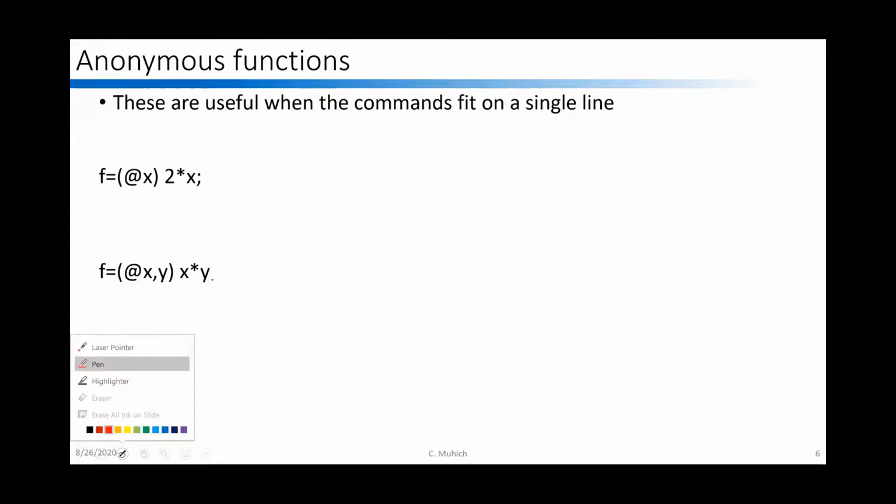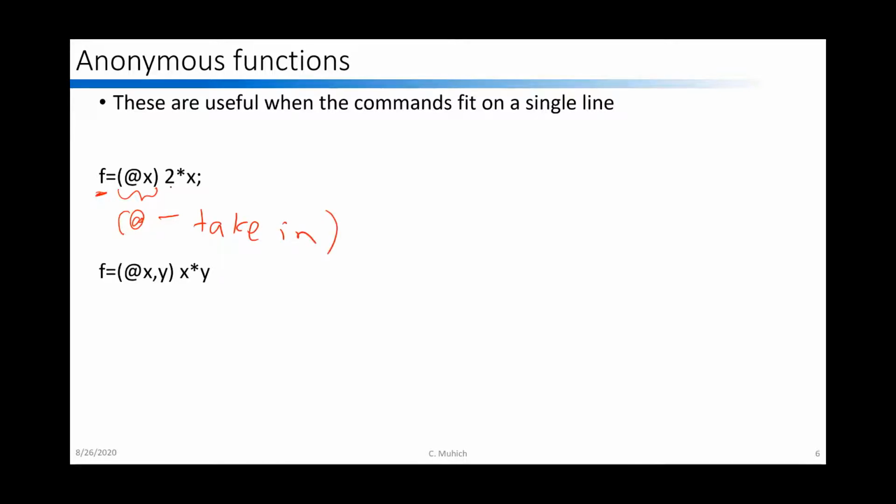I could write an anonymous function f that's going to take in x. So we have this parentheses and the @ sign, which means take in x, and then it's going to do the math afterwards. So this is the math or the operations that are going to be done. Right? So if I were to type in f of 2, MATLAB would return 4, right?